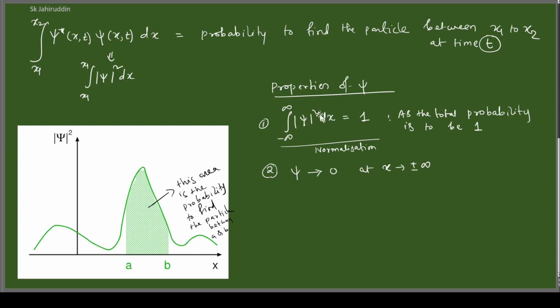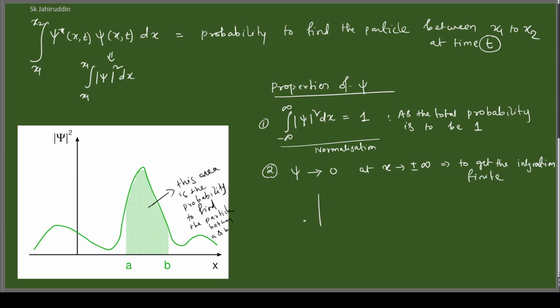Then if you integrate it, it will diverge. You can think that if psi has some finite value at infinity, the area bounded under that curve will also go to infinity, whereas we need the integration to be finite.